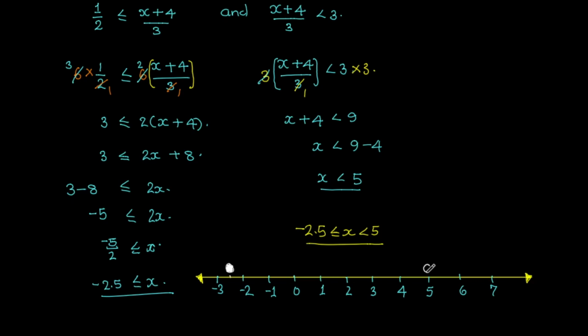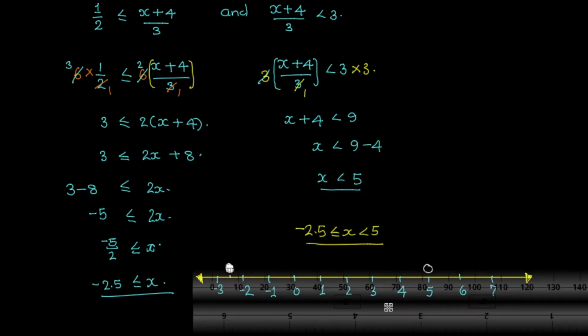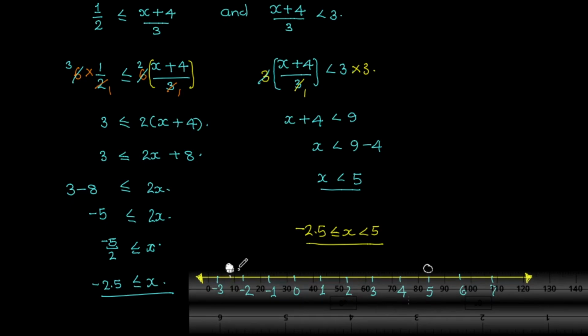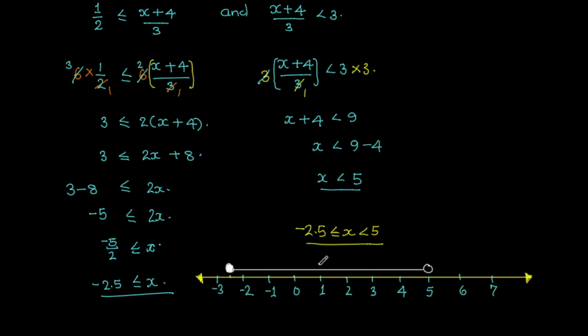Now 5 is here, and it's less than, so we leave it open. Closing together again, we have this. Then writing the inequality, we have the solution negative 2.5 is less than or equals to x is less than 5.